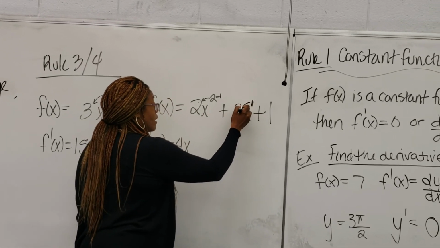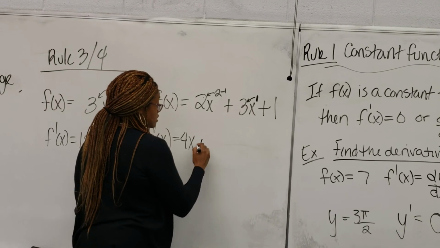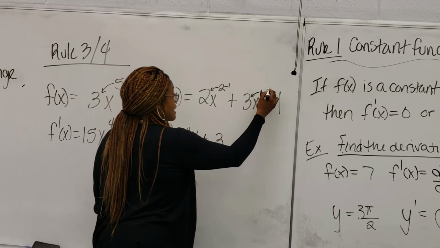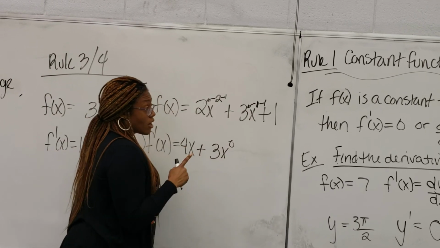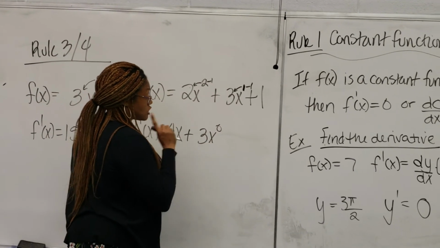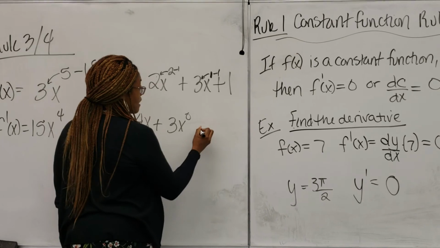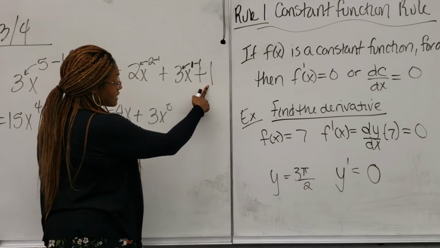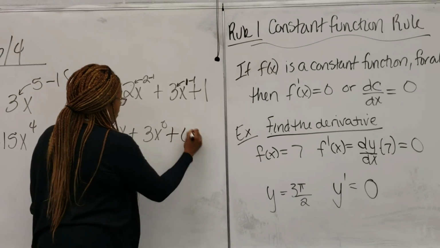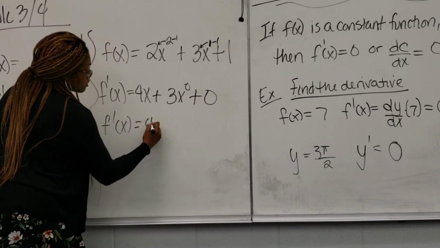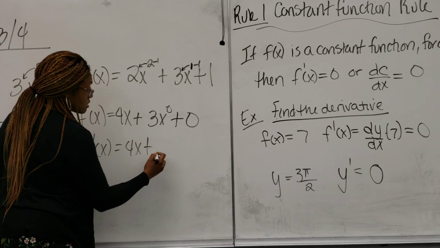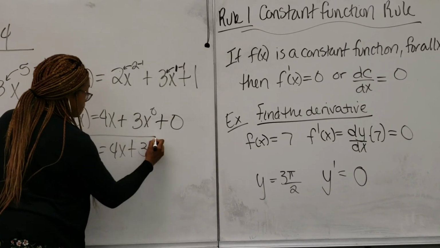So if I bring 1 to the front, 1 times 3 is just going to give me 3, because I should not have an exponent, because that would be x to the 0. And anything to the 0 power is 1, right? And what was the derivative of a constant? 0. So if I rewrite this so that you can see it nice and pretty, my answer should just be 4x plus 3, and that's it.